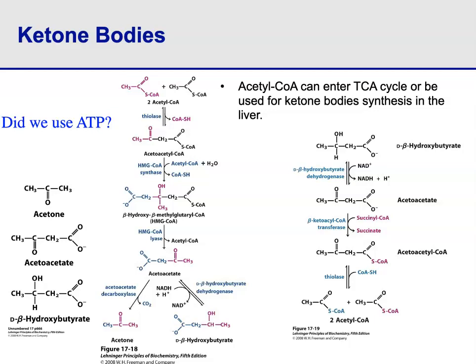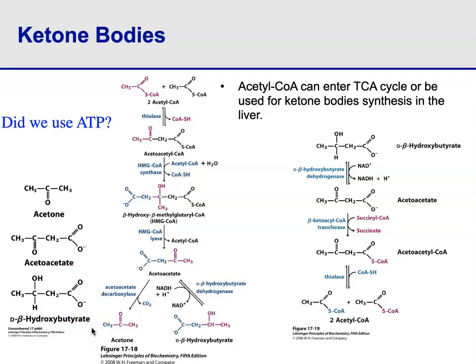So ketone bodies are generated when the body is starving and there is no glucose, and they are a substitute for the brain and other tissues when we don't have glucose but we're degrading fat. The fat gets converted to acetyl-CoA, as you already saw, and one way the body can use that acetyl-CoA is to convert it into ketone bodies. We have 3 ketone bodies: acetone, acetoacetate, and beta-hydroxybutyrate.